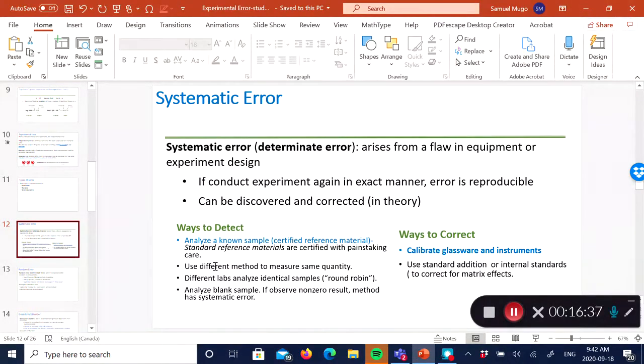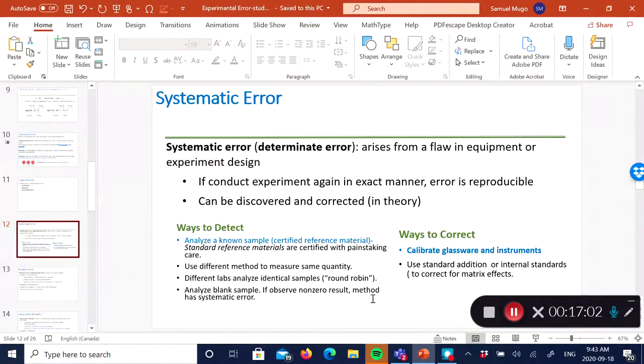Another thing that you can do is you can run a blank. And a blank, typically, is a sample that doesn't have the analyte, okay? So it should not have any analyte at all. Meaning, ideally, you should be getting a 0 for the analyte.